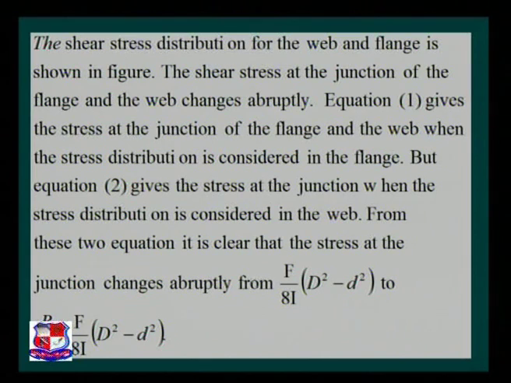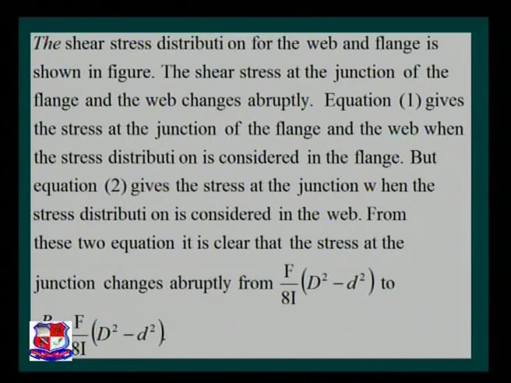From these two equations, it is clear that the stress at the junction changes abruptly from F, that is the shear force, by 8I bracket D square minus d square, to capital B by small b, F by 8I, D square minus small d square. So, please refer to the figure.